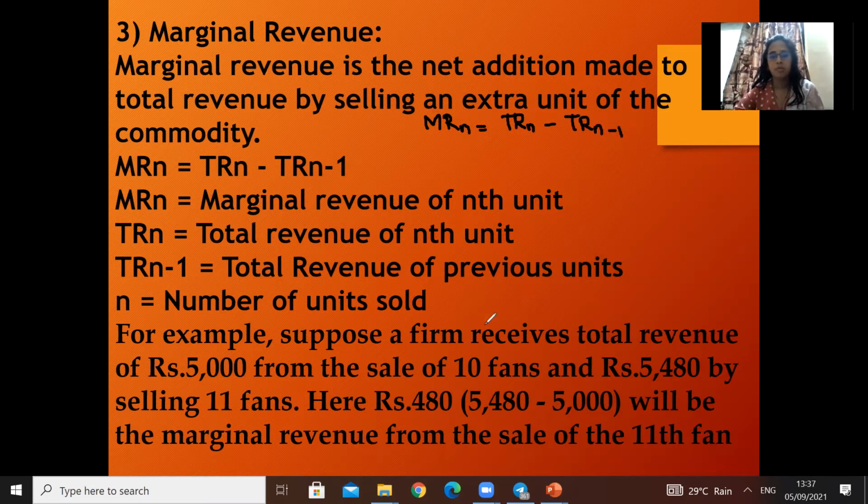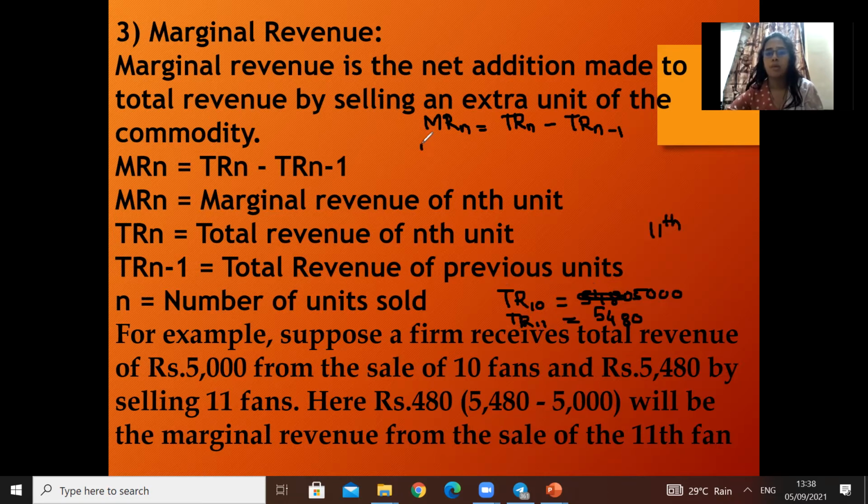Okay, here suppose a firm received total revenue of 5,000 from the sale of 10 fans. So total revenue after selling 10 fans is 5,000, and by selling 11 units, he is getting 5480. Understand one more time. After selling 10 fans, total revenue is 5,000. After selling 11 fans, my last unit is the 11th unit.